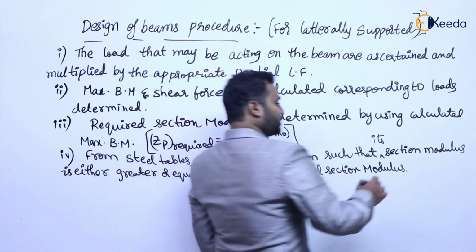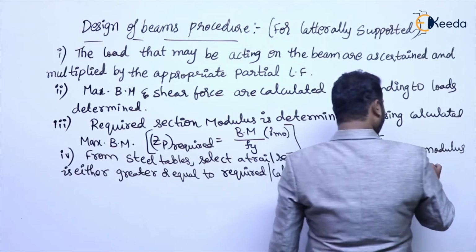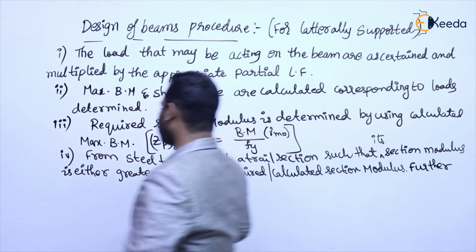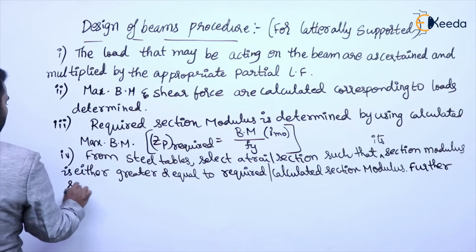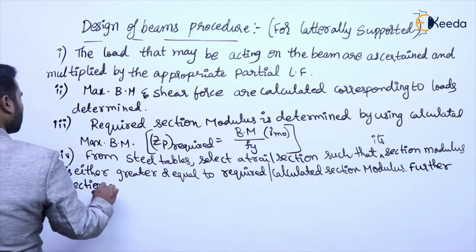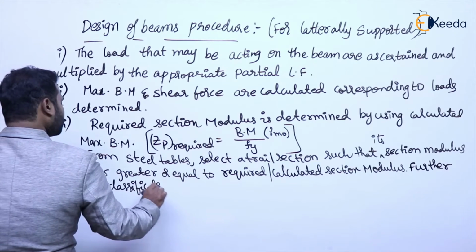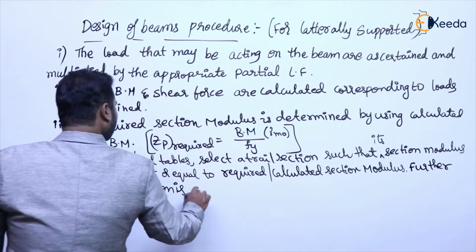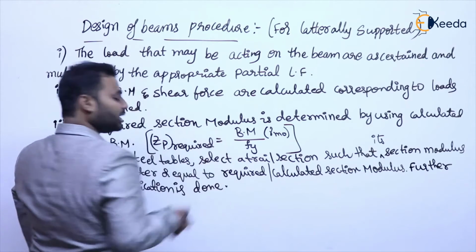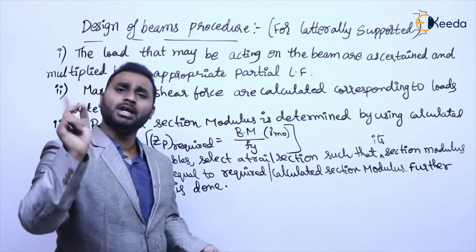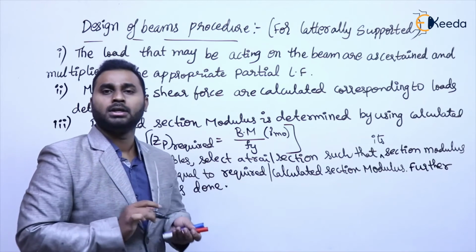And in this step itself, we'll classify the section. So further section classification is done. Is that clear? So section classification means we're having some classifications of sections like plastic, compact, semi-compact, and slender.